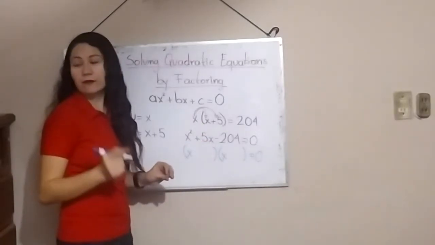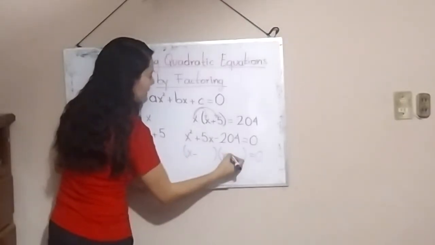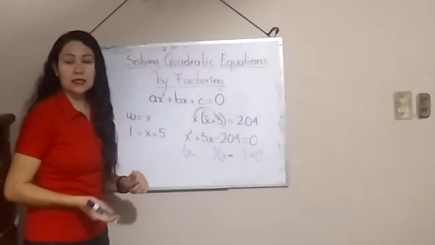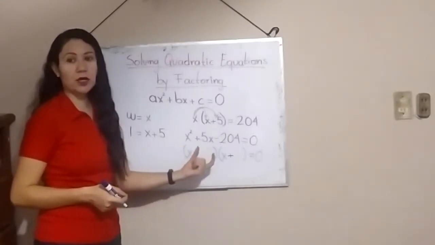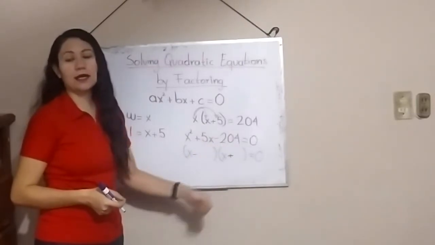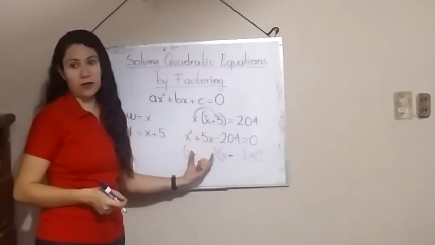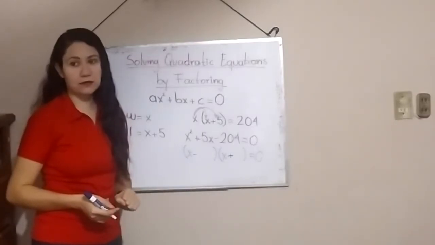That means that we have one negative number and one positive number. Now, let's find two numbers that multiplied will give us a product of negative 204 and added together would give us positive 5. That means that our greatest number is going to be positive.